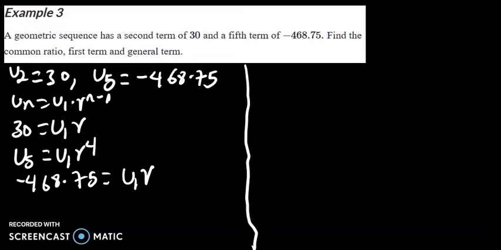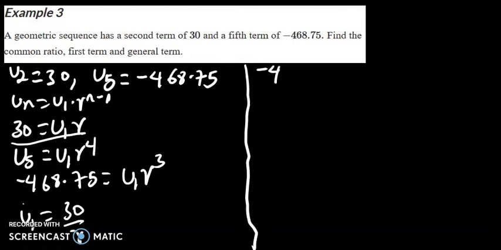What we can do here is either substitute u1 for r or r for u1. Let's use this equation first. Let's say u1 equals 30 over r. Instead of using r equals 30 over u1, let's use u1 equals 30 over r, because this will make our calculation easier: we can simply cancel it out.